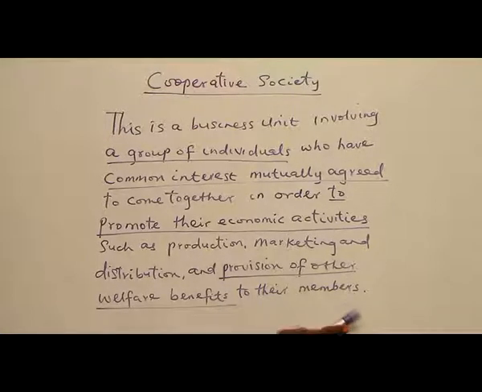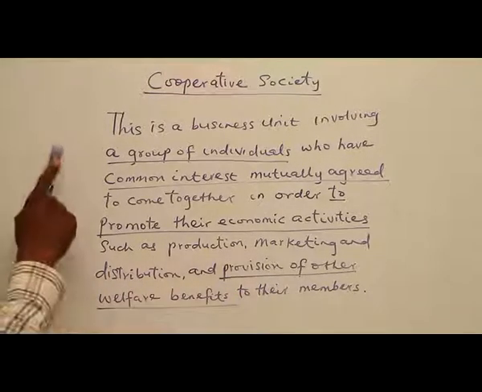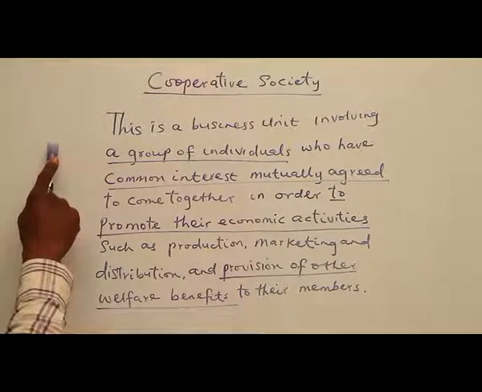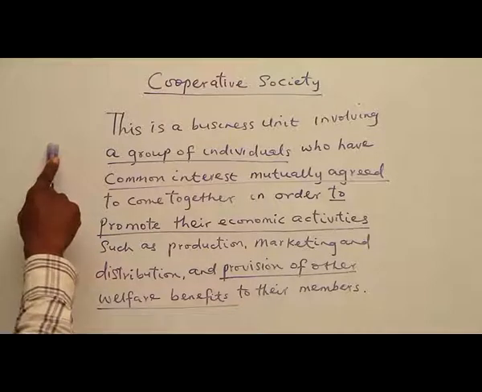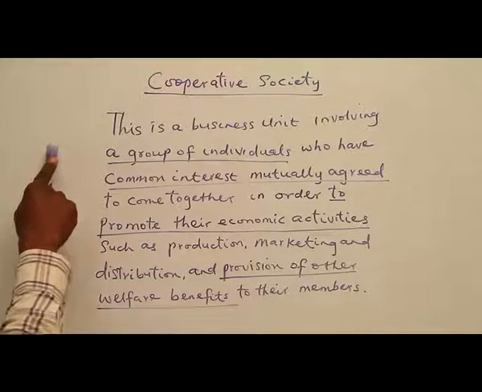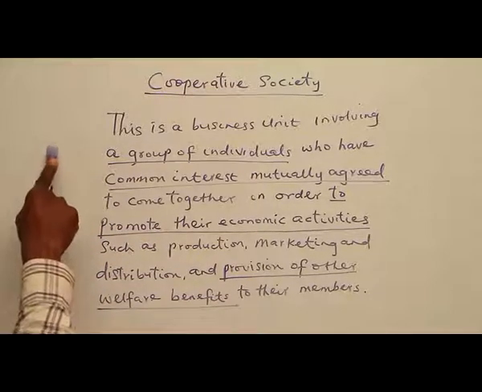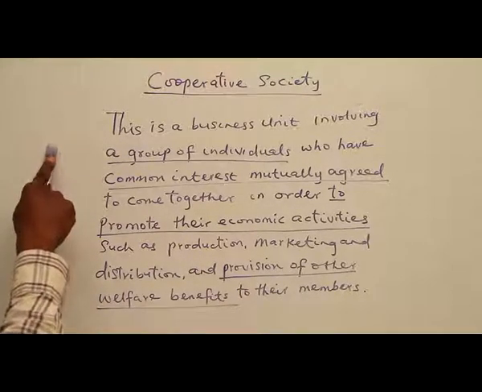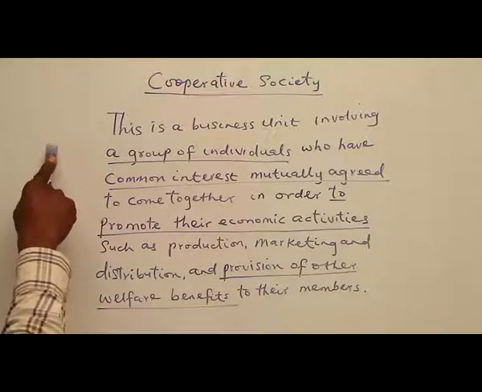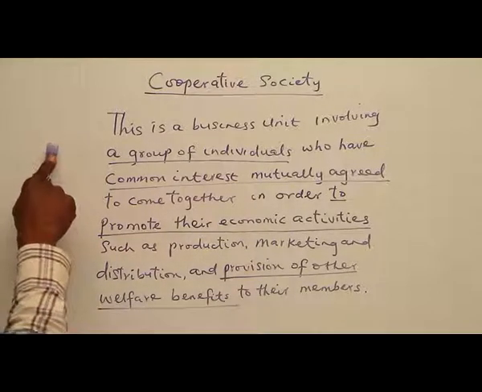to their members. In cooperative society, we understand it's a business unit or business organization where we have a group of individuals. These individuals are the people with common interests. That is, probably they might be in a similar line of business, but they have common interests that they want to promote in their economic activities.